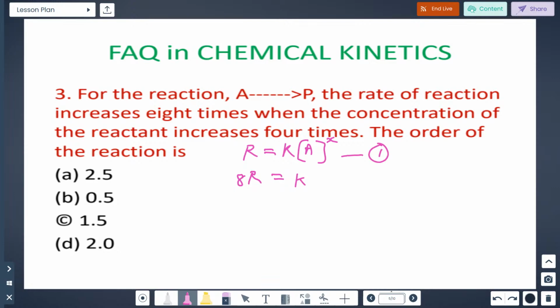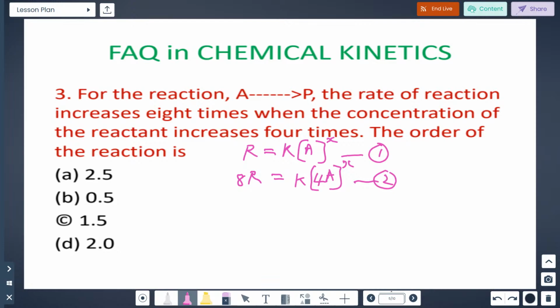So 4A, 4A power X. This is equation 2. Our aim is to find only the X value. X is nothing but the order of the reaction. They are asking to find only the order.